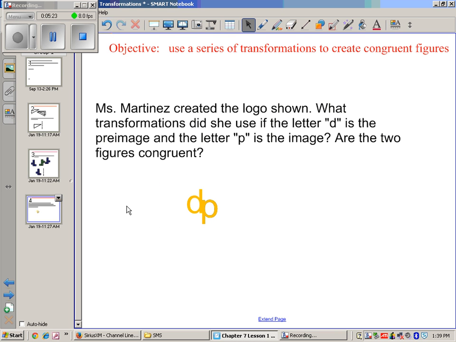So what transformation did we use? We used rotation. We rotated 180 degrees, and then we used translation.